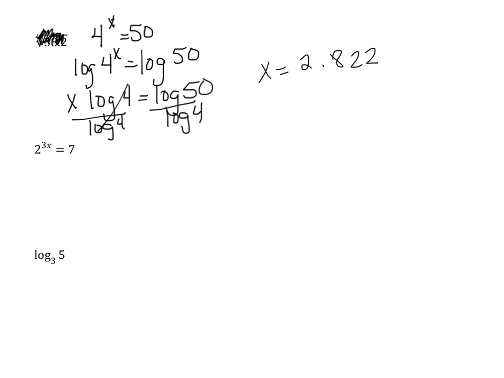Taking a look at the next problem, we'll do the exact same thing. I will just apply a logarithm to both sides. So I'll take the log of 2 to the 3x is equal to the log of 7. Then I use my rules of exponents. I take this and I move it out to the front.